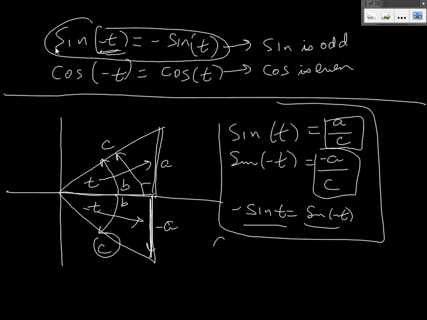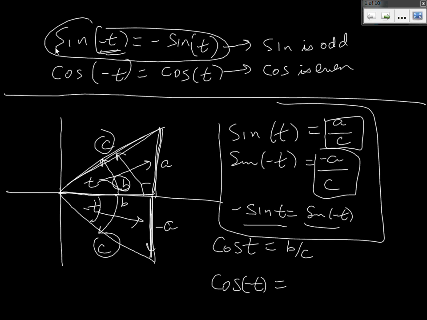Well, what about for cosine? The cosine of t and the cosine of negative t. The cosine talks about the adjacent with respect to angle t, the top triangle. The adjacent is b and the hypotenuse is c. So we get b over c. In the bottom triangle, where the angle is negative t, the adjacent to t is still b.